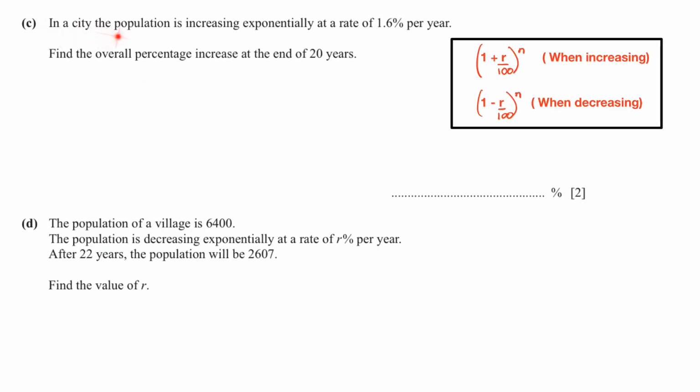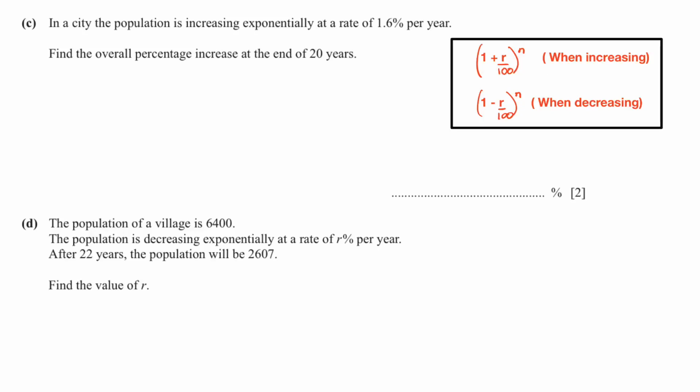In a city, the population is increasing exponentially at a rate of 1.6% per year. Find the overall percentage increase at the end of 20 years. Whether it is increasing or decreasing, you need to know this formula. If it is increasing, it will be (1 plus r over 100) bracket to the power of n.